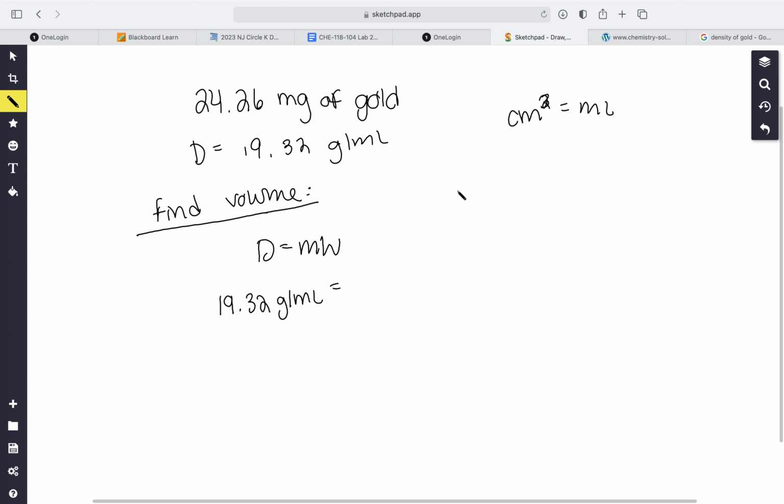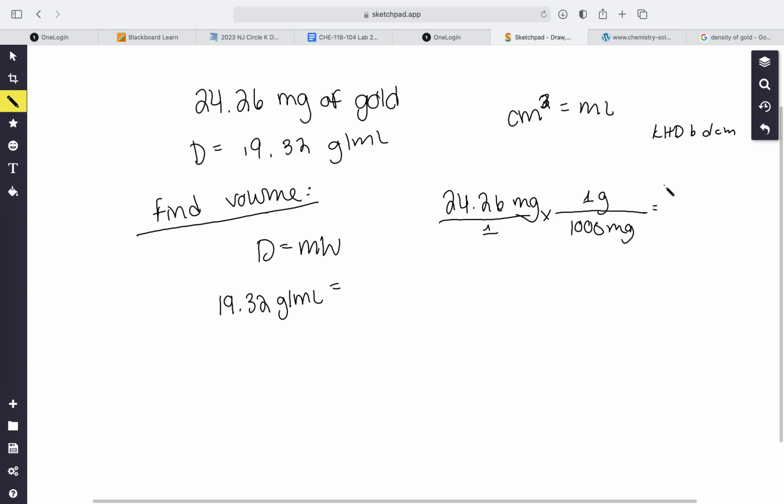Oh, would you look at that? This is in milligrams, so we have to do some dimensional analysis to fix that. Milligrams divided by 1 times, there are 1,000 milligrams in 1 gram.